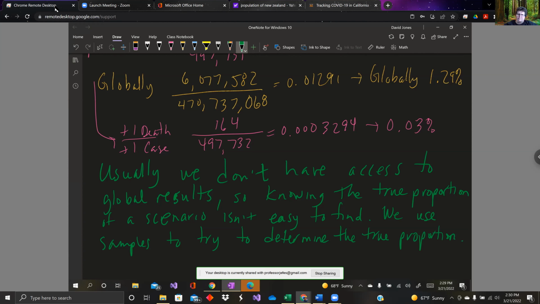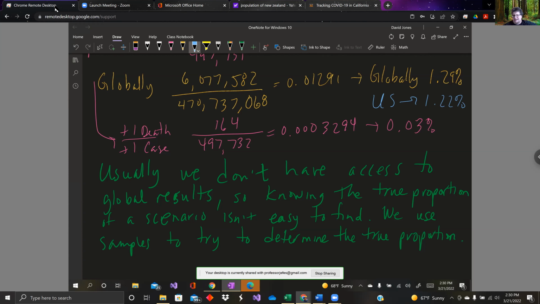And you'll notice my California did not match my global. If you look at the US, I didn't do the calculation, but I can tell you what the US's was. The US had 1.22% as of today. So that's really close.